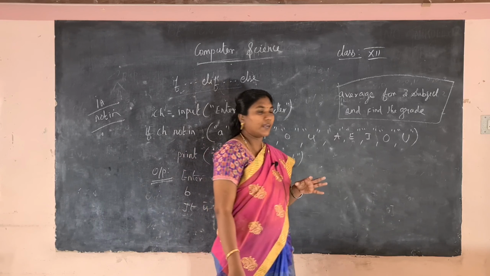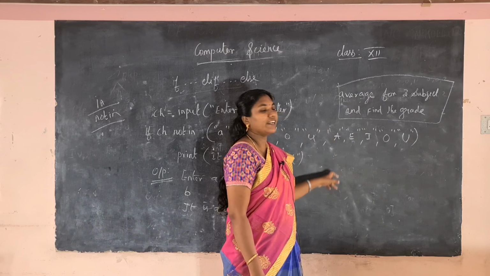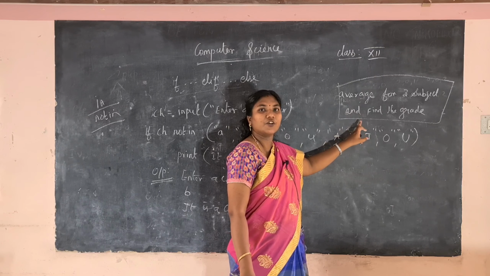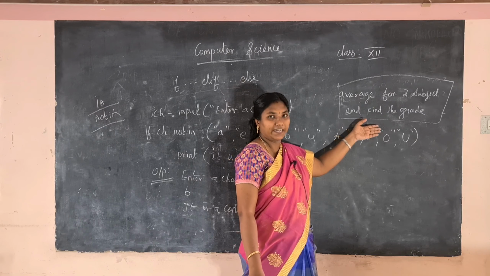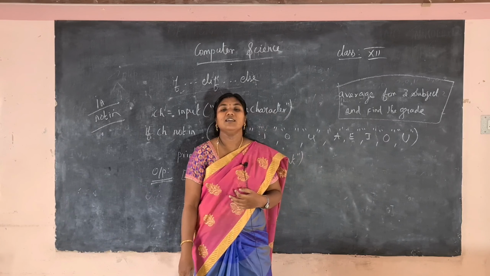So you write a program for getting 3 subject marks in the run mode, and you should find the total and you should find the average, and as per the average you print the grade. Okay, so for this you write a program, you try your best. Okay, thank you students.